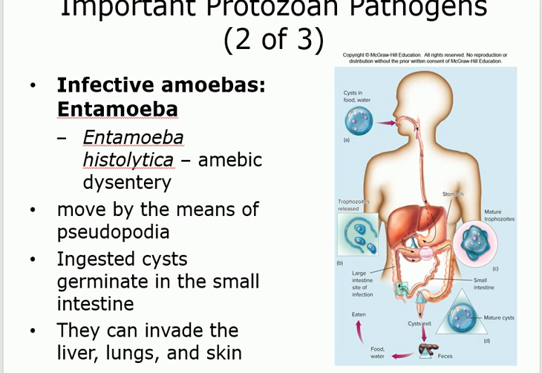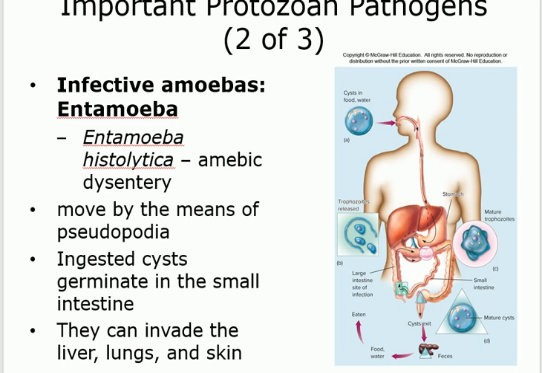They start to move and extend, so it looks like a foot, and they move around. They change the shape, and if you want to move this way, they make the feet this way, and so on. So they use pseudopodia, and we call this amoeboid movement. When you use the pseudopodia, we call it amoeboid movement. Okay?